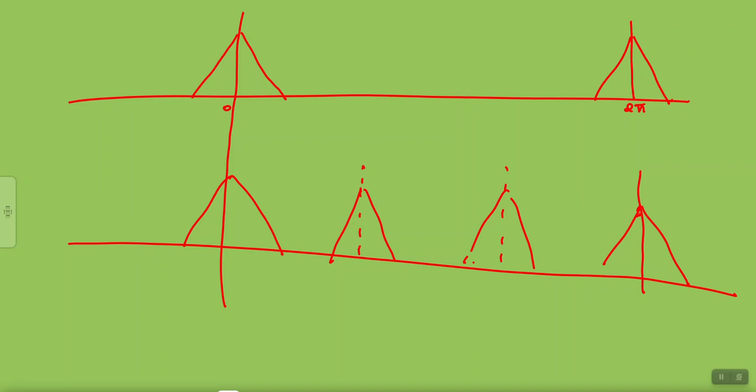So there is a chance of overlapping of the signal spectrum, which seems to be an aliasing effect.